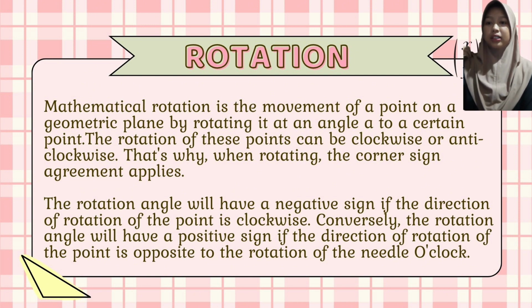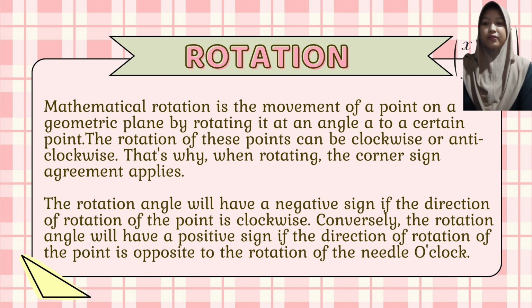The rotation angle will have a negative sign if the direction of rotation of the point is clockwise. Conversely, the rotation angle will have a positive sign if the direction of rotation of the point is opposite to the rotation of the clock needle.